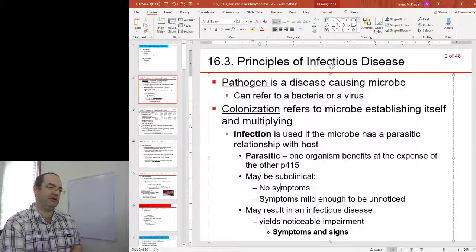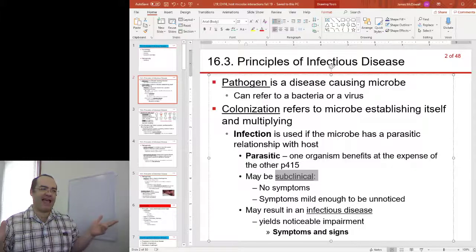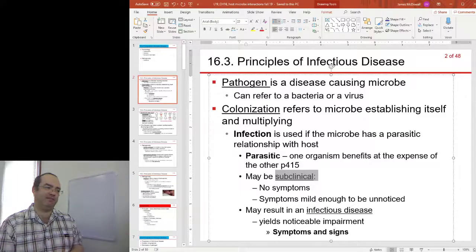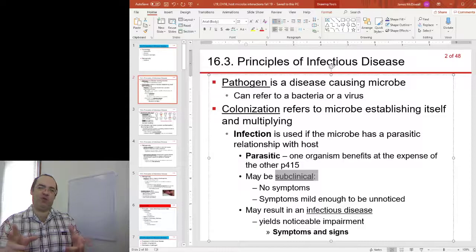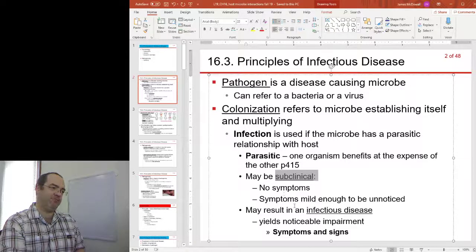No symptoms, no signs, or indeed at least signs and symptoms mild enough to go unnoticed. So likely that all of us have some kind of pathogenic bacteria and virus within us. In fact, I would say it's almost a certainty, but not all of us are going to experience the negative effects. So an infection where you don't notice it is called subclinical.